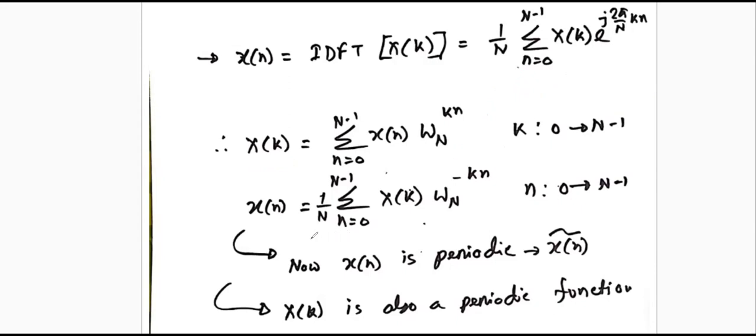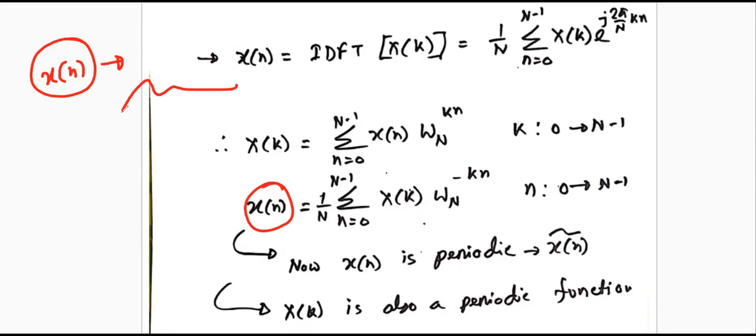Similarly, if we look at this, now this xn is also a function of e to the power j omega. Omega is equal to twice pi by n into k. Since this is also a function of omega, this xn is also a periodic signal. What I try to make you understand is that whenever we start with xn, that was an aperiodic signal, of course sampled.